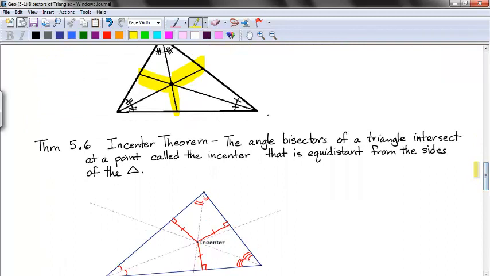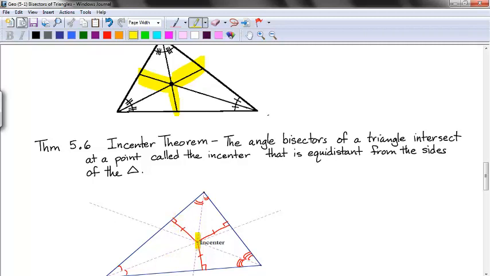What you have to do is draw the perpendiculars. That's why I drew it on another drawing. Here's the angle bisector, here's the angle bisector, here's the angle bisector. They intersect at the incenter. But that does not mean those are equal. You have to do the perpendiculars.